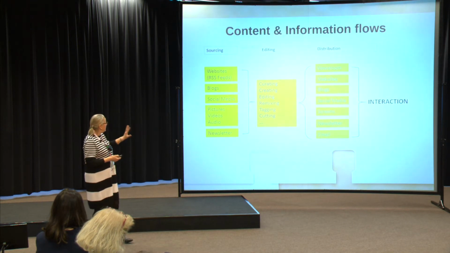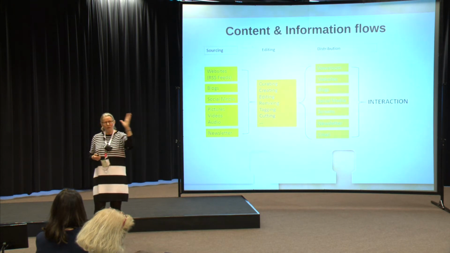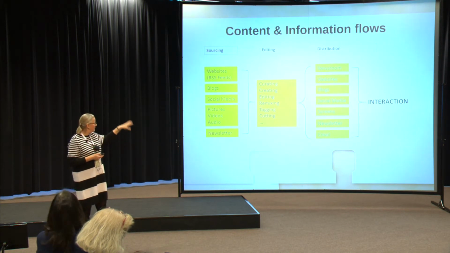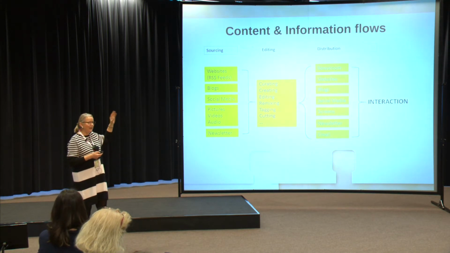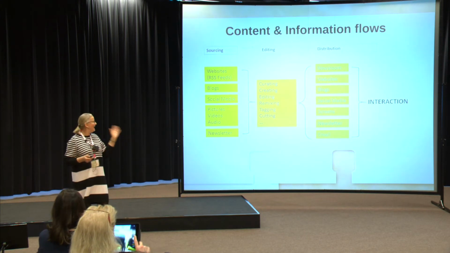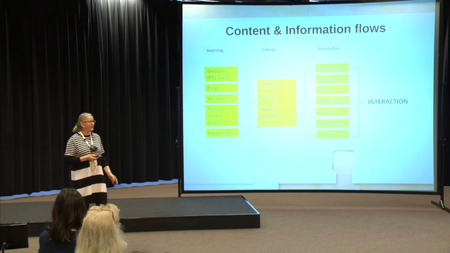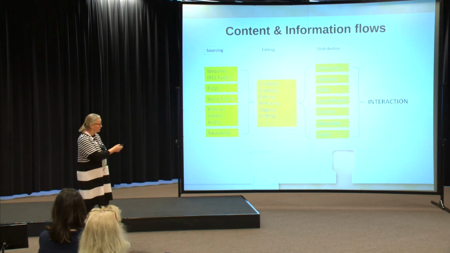So that's just a chart to show what can all flow into a system, then how you work on it, curate, create, edit, remix, tag, cut, whatever, and then you blow it into the different channels again, and it all creates a big interaction.